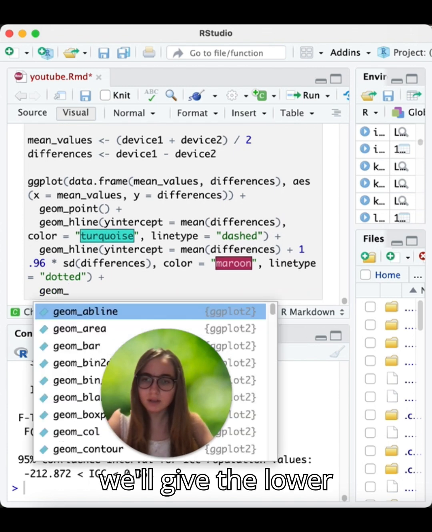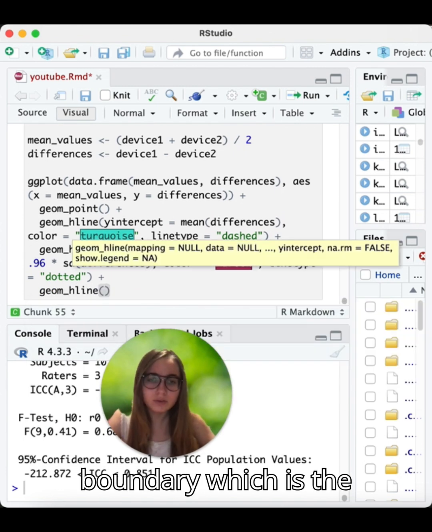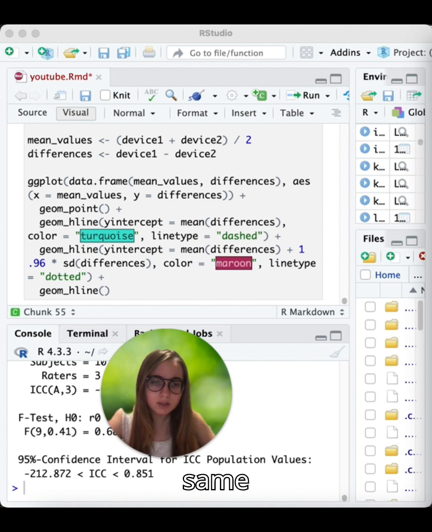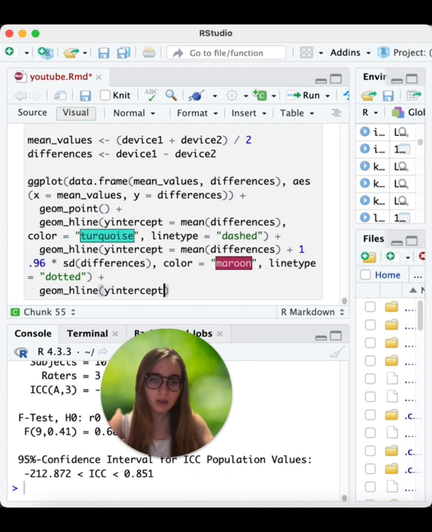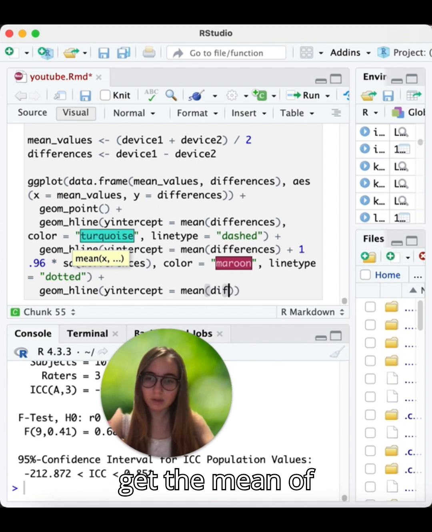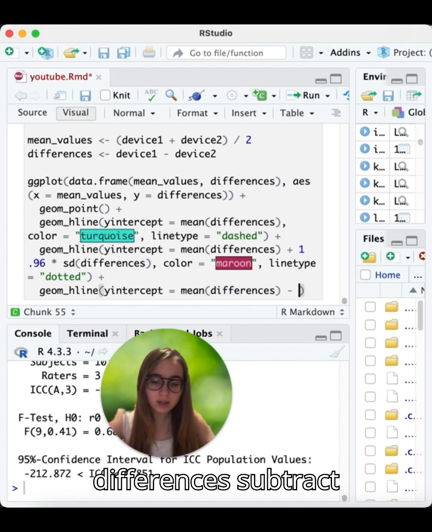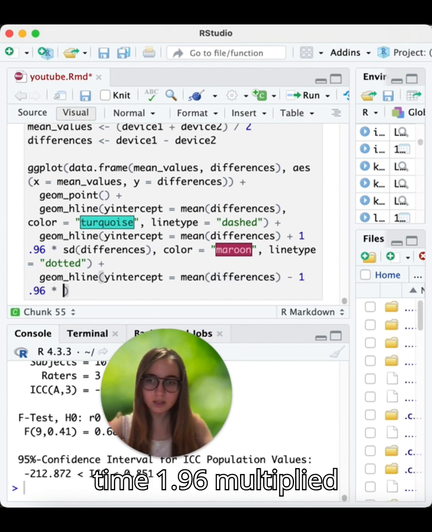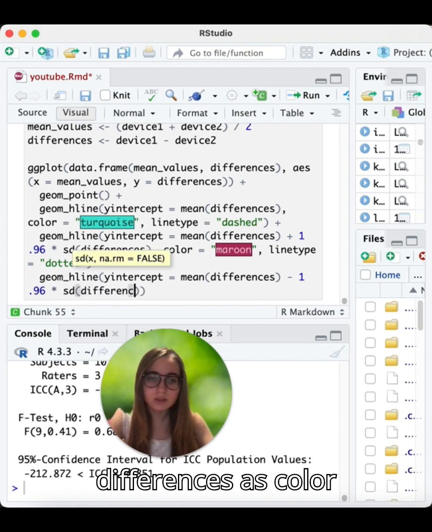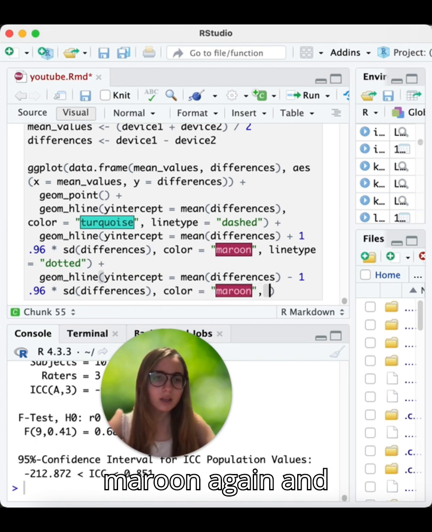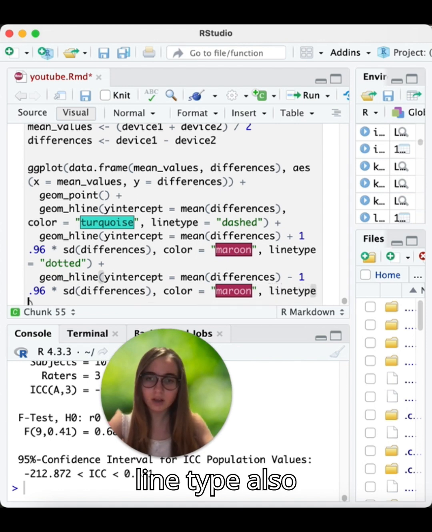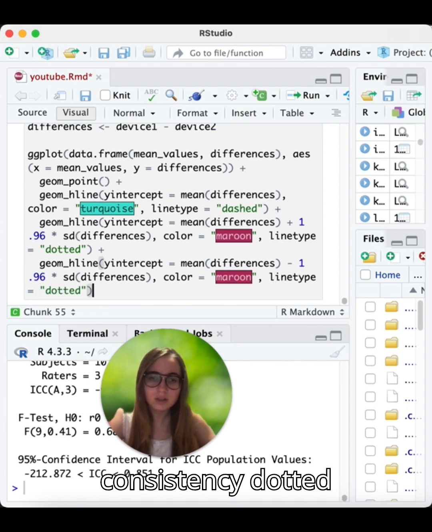And lastly we'll give the lower boundary, which is the same. Intercept: get the mean of differences, subtract this time 1.96 multiplied by the standard deviation of differences, color maroon again for consistency, and line type dotted also for consistency.